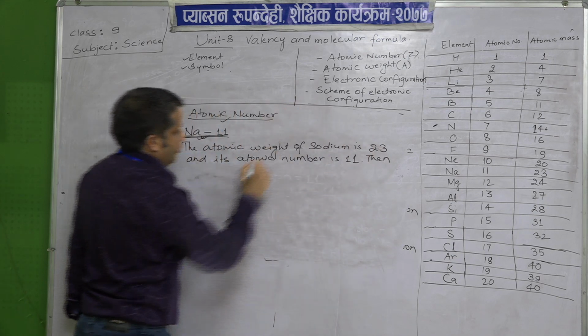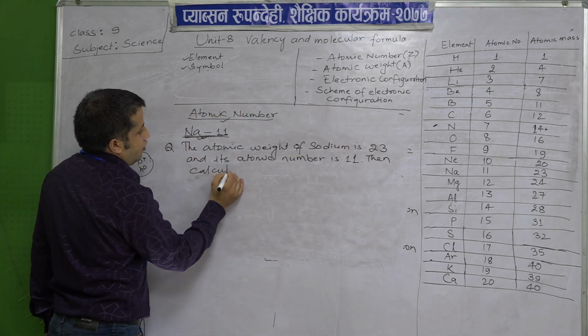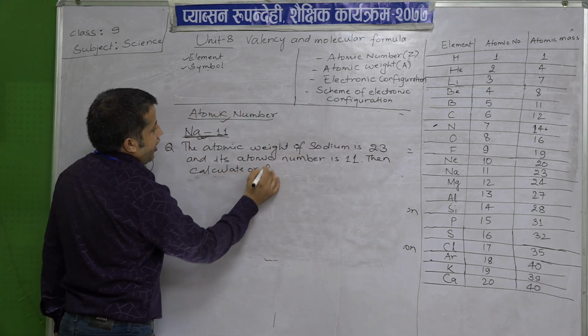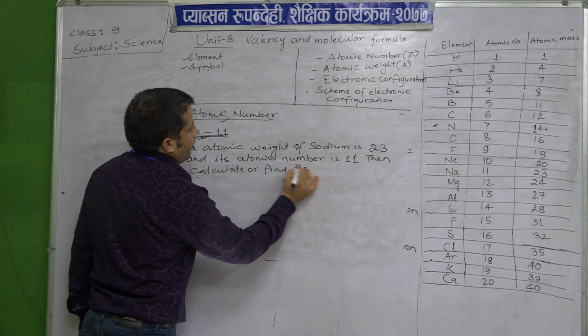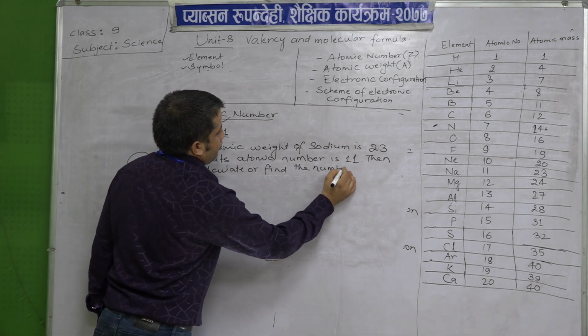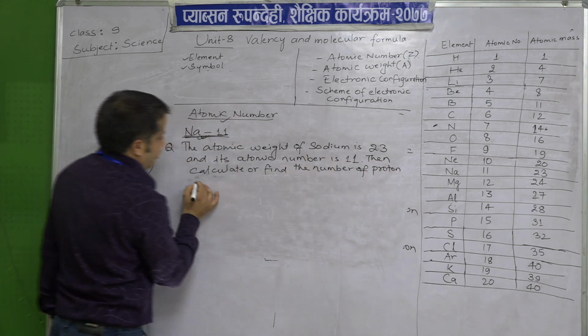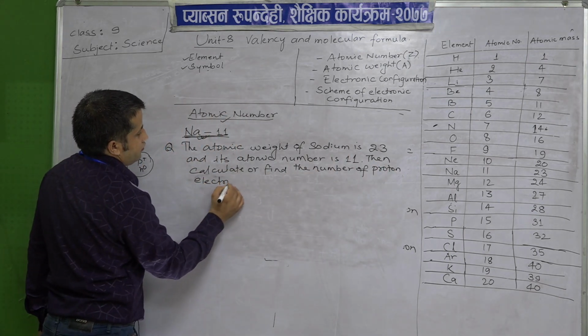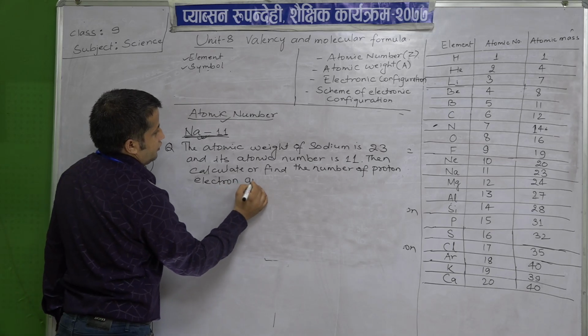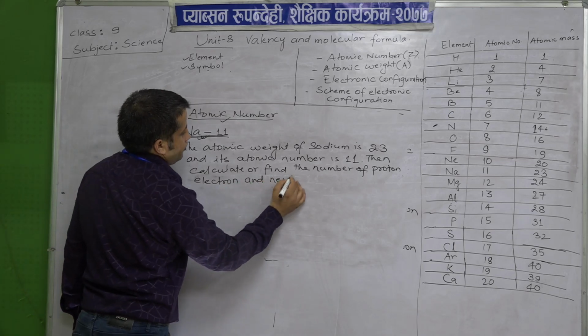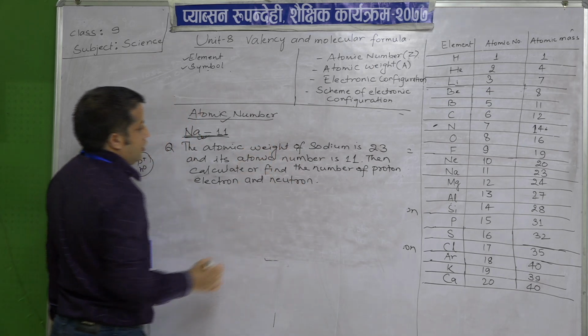Then calculate or find the number of proton, electron and neutron. Okay. This is the question.